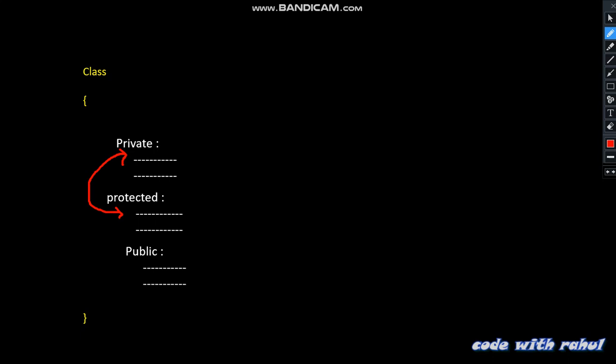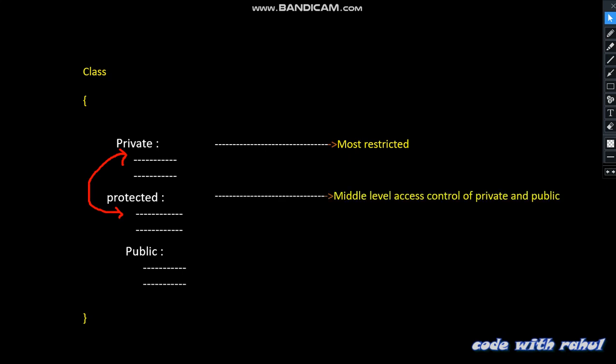In short, private is the most restricted, protected is the middle level of access control between private and public, and the third one, the most used, is public, the most free. The data can be stored and accessed at any time, anywhere.